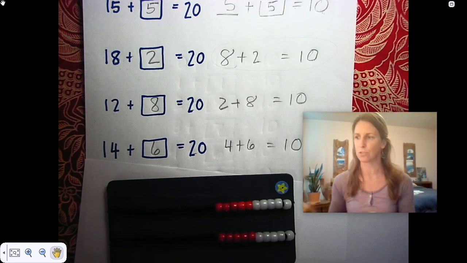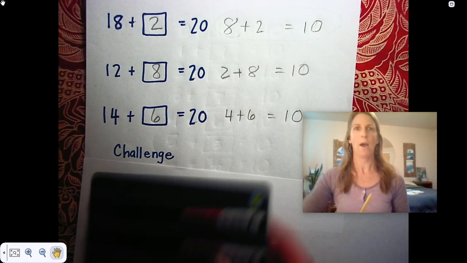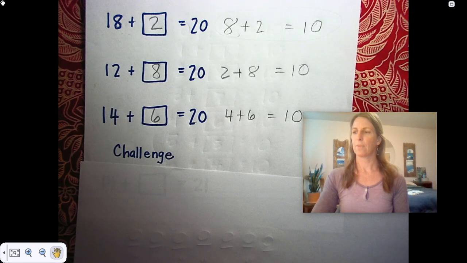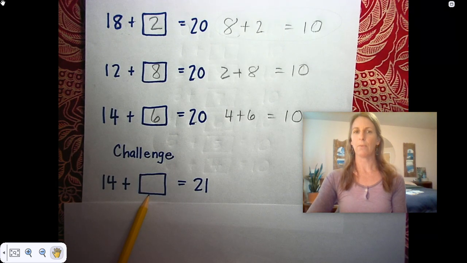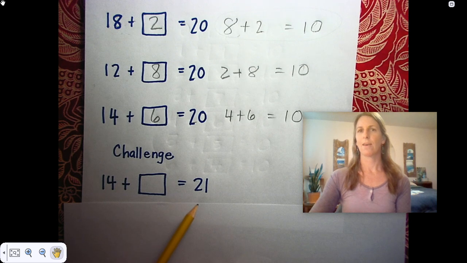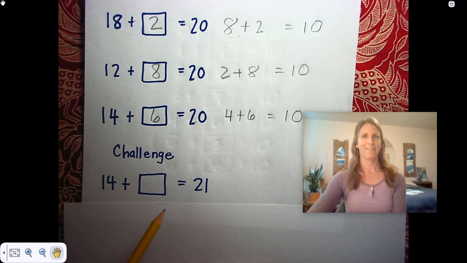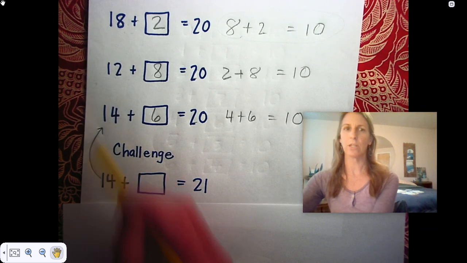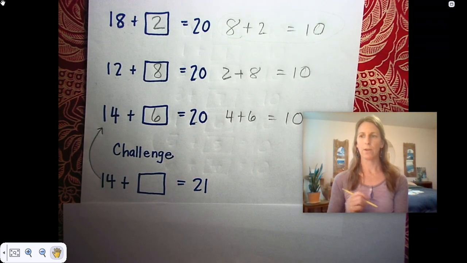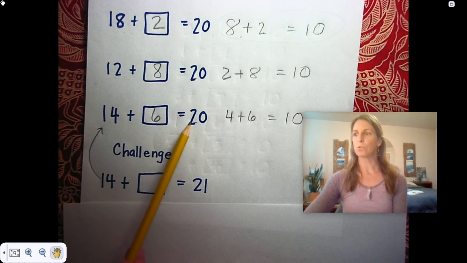The challenge. Write this equation down, please. 14 plus some number equals 21. Write it down. What is that number? Use this equation to help you. 14 plus 6 equaled 20.